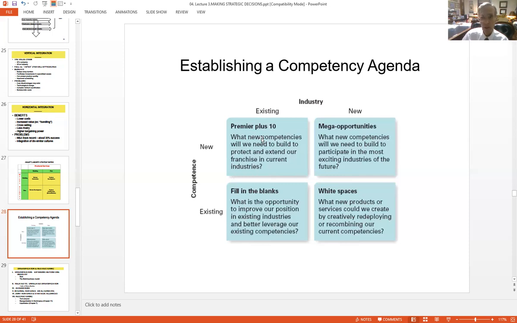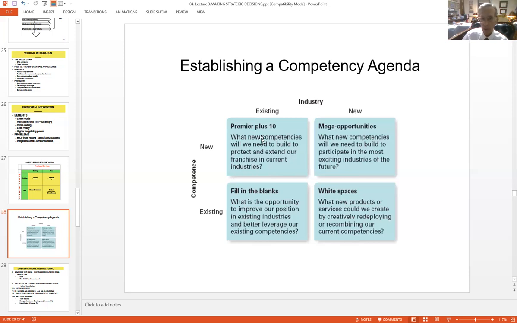Obviously, mega opportunities, and they're moderate in between with the other two. Where is the potential of a strategy that uses fill in the blanks versus mega opportunities the highest? We know where the risk is the highest. The risk is the highest with mega opportunities, very low with fill in the blanks.